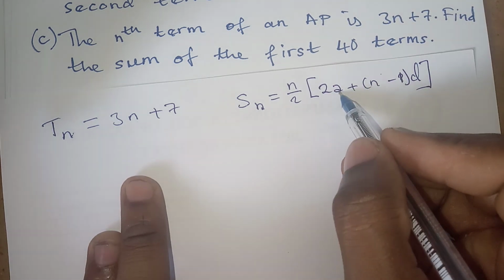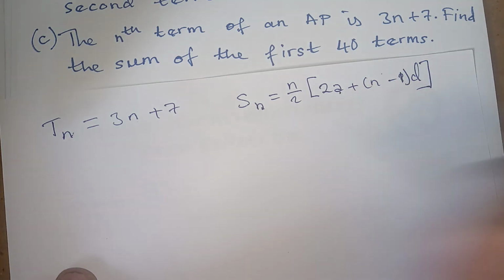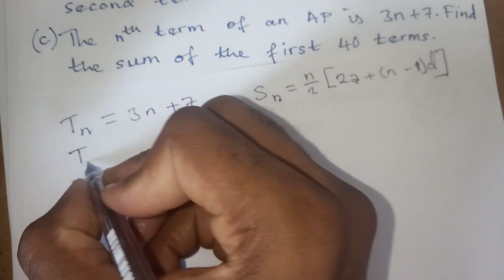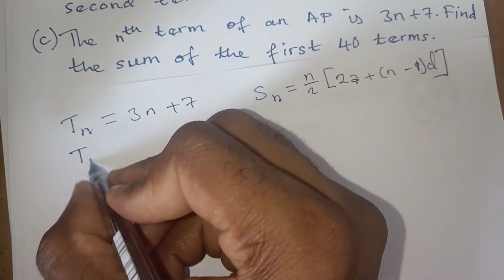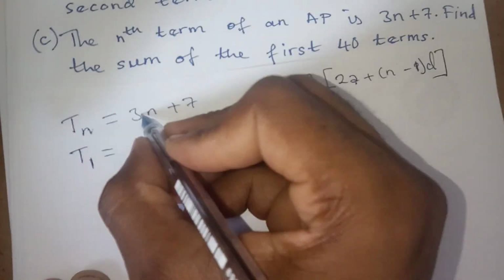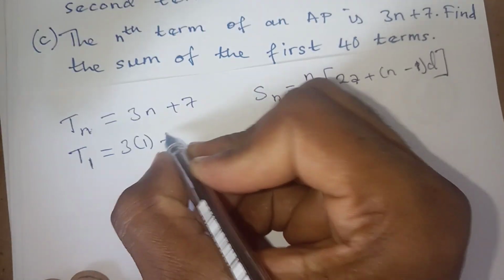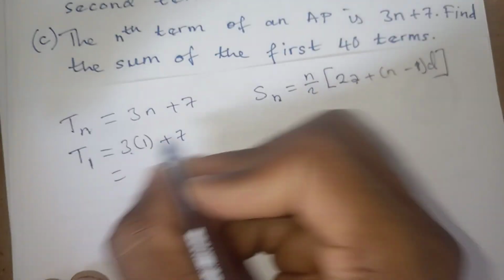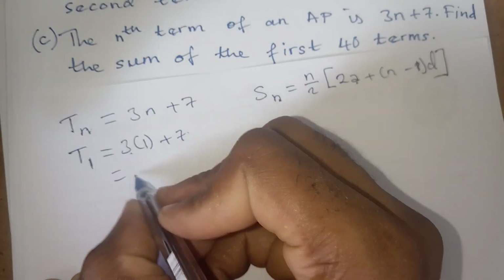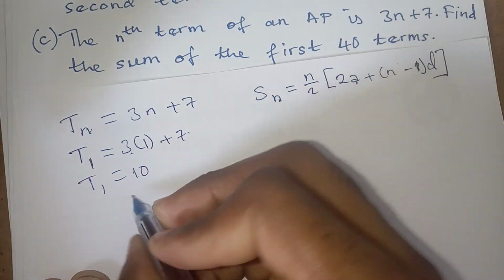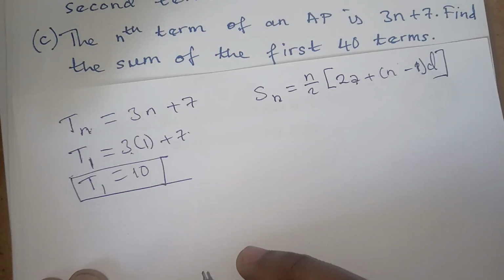To find your a, remember a is the first term. To find the first term, you can just put a 1 there. So this one will be 1 again. This times this is 3, plus this, that would be 10. So our first term is 10.